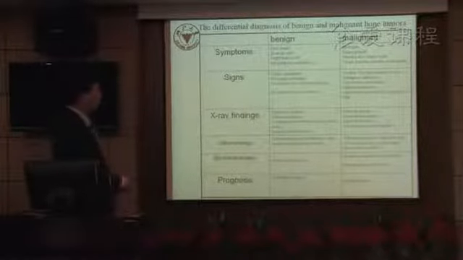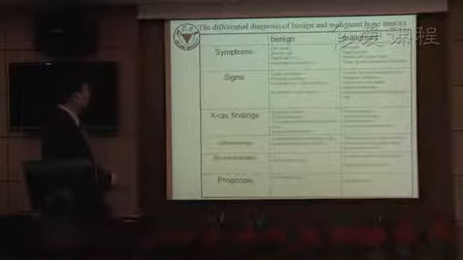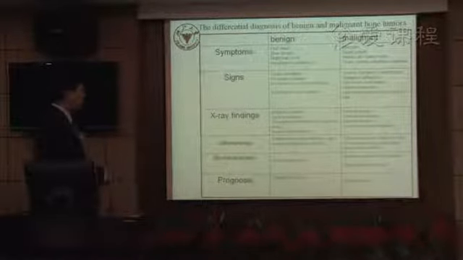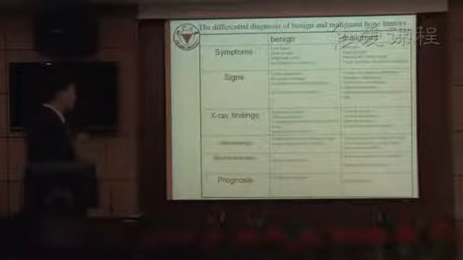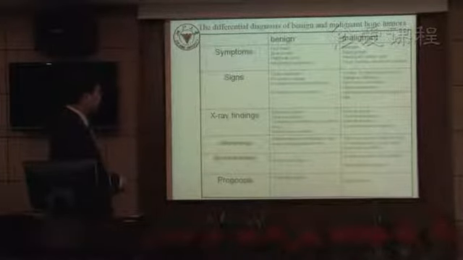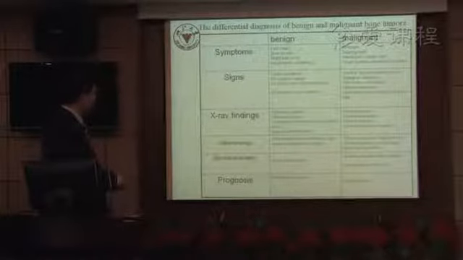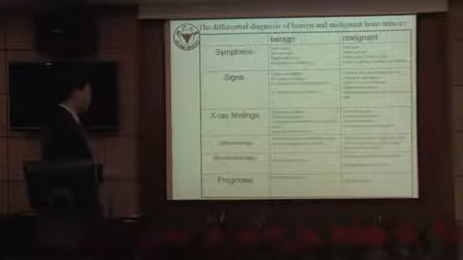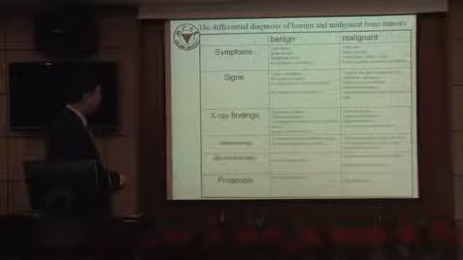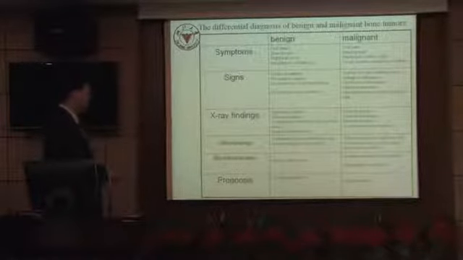tenderness. So that is quite different, and there are also differences in the X-ray findings. In the benign one, there is usually expansive growth, and in the malignant one, invasive growth. Benign tumors always have clear boundaries, which does not happen in the malignant one.